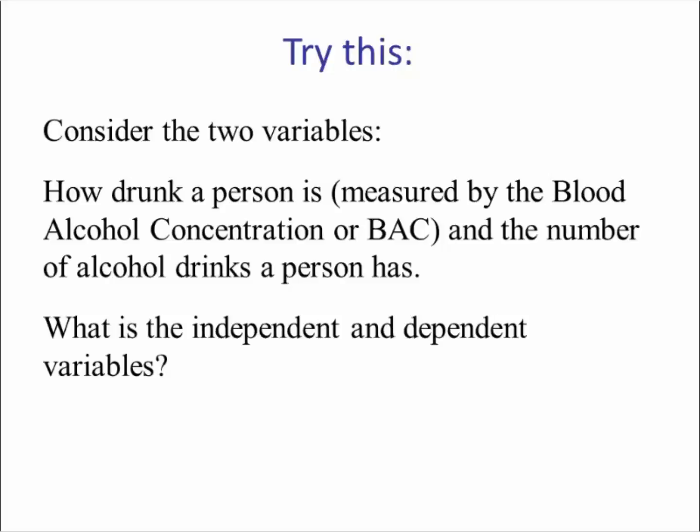So the independent variable would be the number of drinks. The dependent variable would be the BAC. If we are given a BAC, we can't work backwards and determine the number of drinks because, for example, gender has an effect on the BAC.